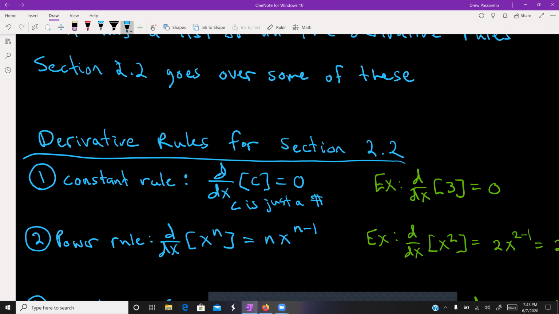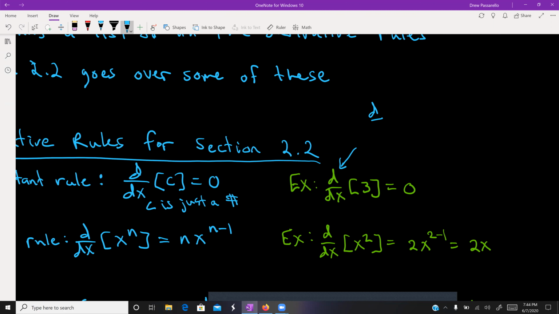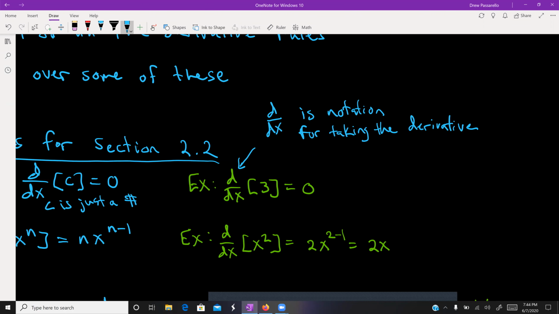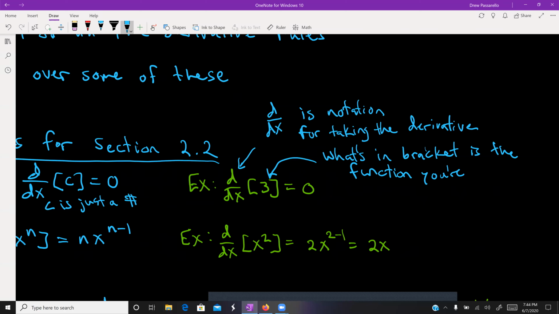The d dx is notation for taking the derivative, and what's in brackets is the function you're taking the derivative of. In this case, the function is a constant function, it's just 3.